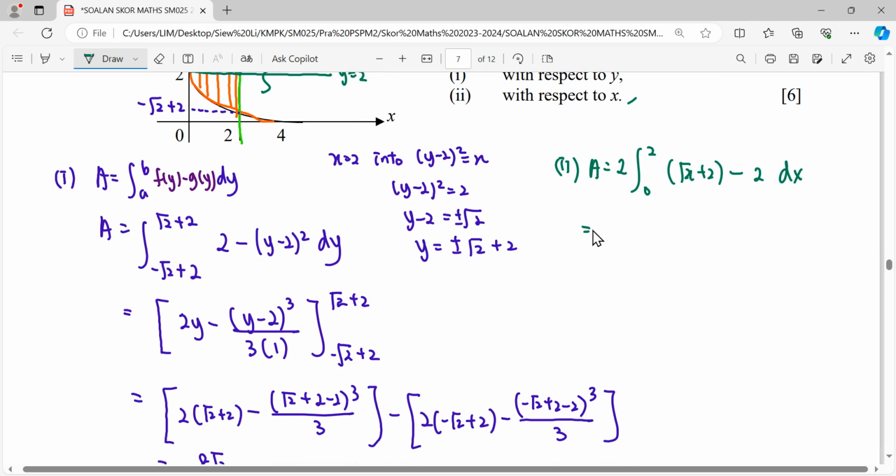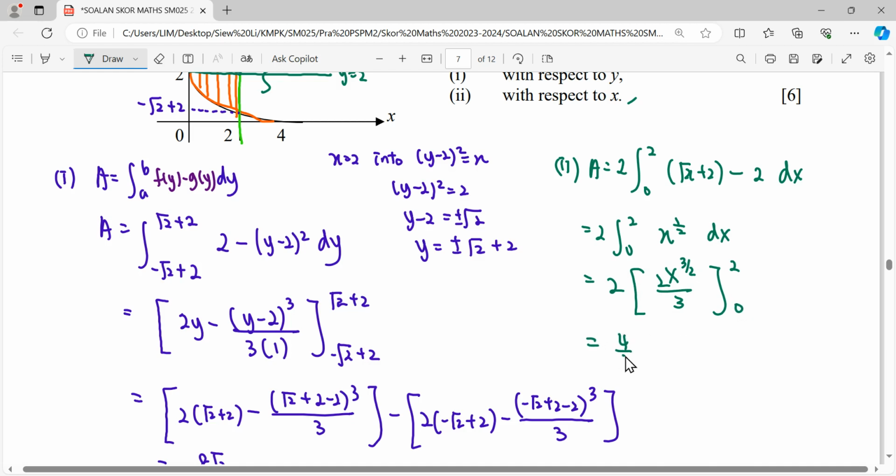Then we start integration. We integrate the square root of x, and we can rewrite it as x to the power 1/2. When we have 2 minus 2, we simplify and it gets 0. Now we can integrate using power plus 1 over new power, with upper limit 2 and lower limit 0.